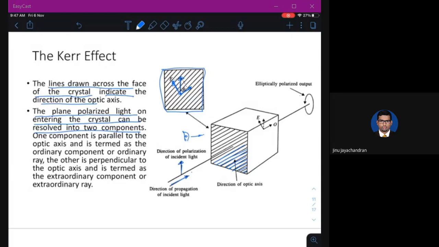One component is parallel to the optic axis and is termed the ordinary component. So this is the optic axis, and this component is parallel to the optic axis. This is called the ordinary component.